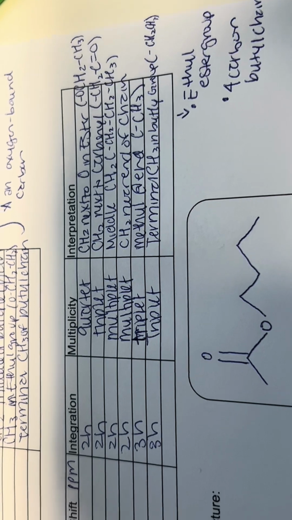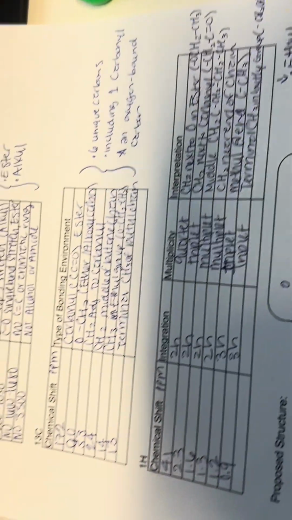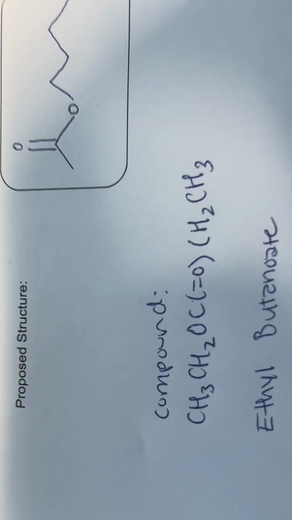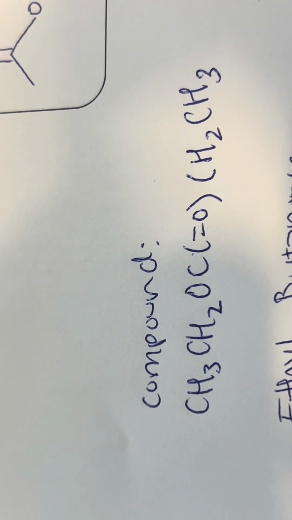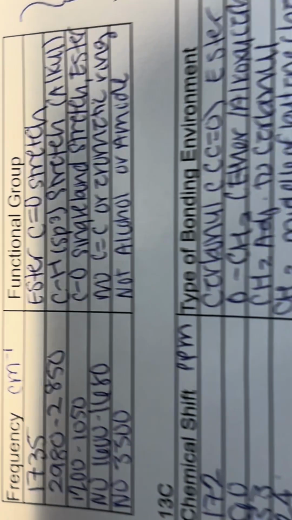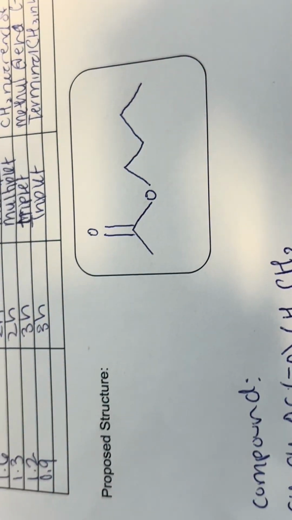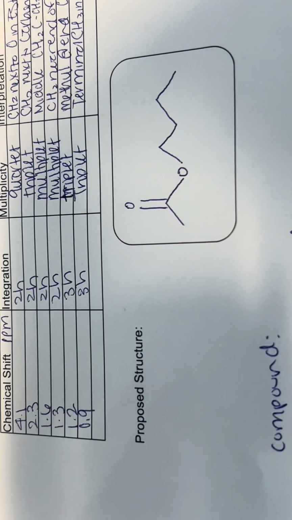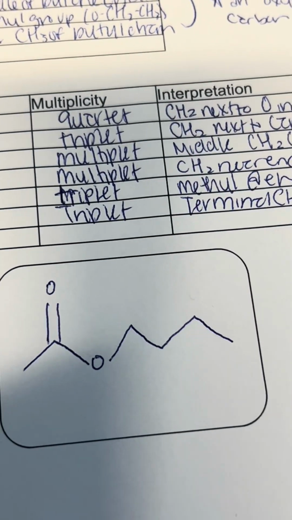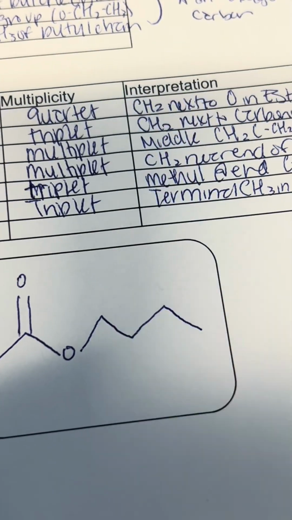So based on all of the spectral evidence, it is safe to say that the compound is ethyl butanoate, and this is the compound written out. And again, that's the molecular formula. And then here's the proposed structure. It's safe to propose this as a structure because it is an ester functional group.